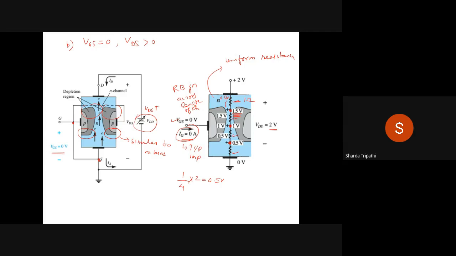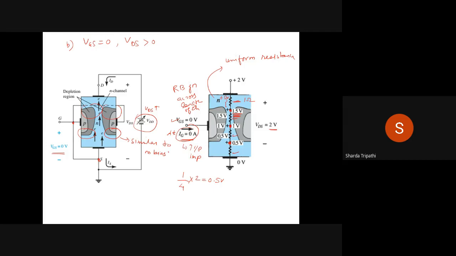That's why there is no scope of flow of any current from this gate terminal inside the channel. So that's why we say that the input current or gate current is equal to 0. And this is a very important property of the FETs.